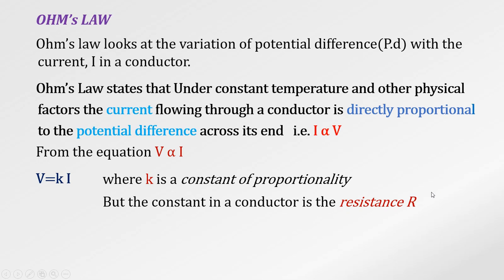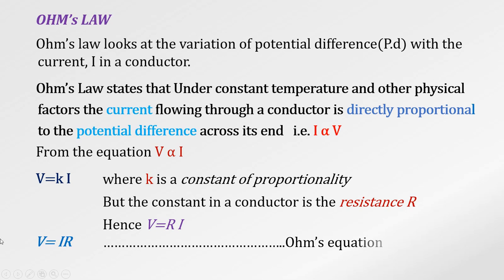The resistance. So where there is a K here, we shall substitute R, because the resistance in that conductor has remained constant, because all the factors that can change it have remained constant. So from here we get Ohm's equation, which is a very important formula in electricity: V is equal to IR.